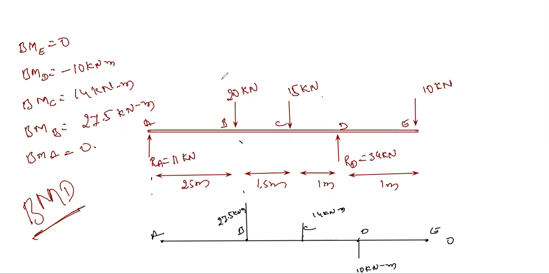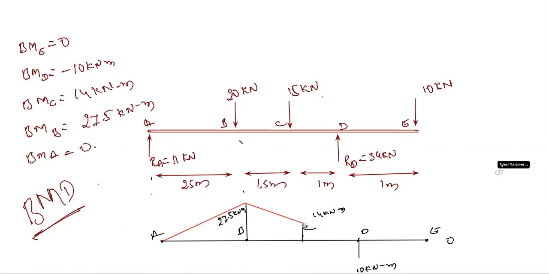Once it has been done, the next step, whenever we are joining the lines in the bending moment diagram, make sure that if you have a point load, the line should be an inclined line. If you have a UDL, uniformly distributed load, then we'll get a parabolic curve, but here we have point loads, so we'll get inclined lines. From point A to B we have point load, so it should be an inclined line. From point B to C it should be an inclined line.